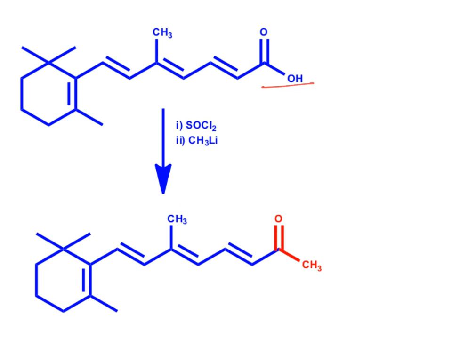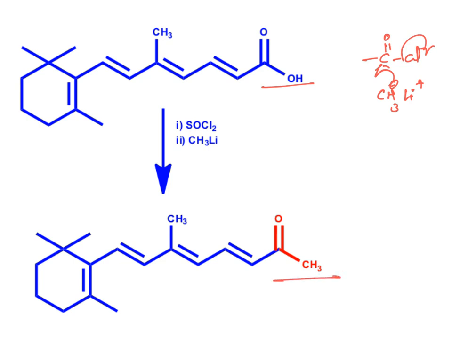After reacting this acid with thionyl chloride, it is converted into an acid chloride, so basically we are activating the carboxylic acid. In the next step, reacting this acid chloride with methyl lithium gives a ketone, which is converted into the methyl ketone here.